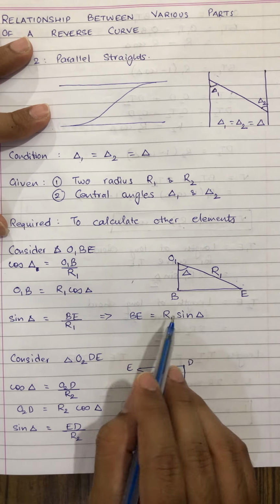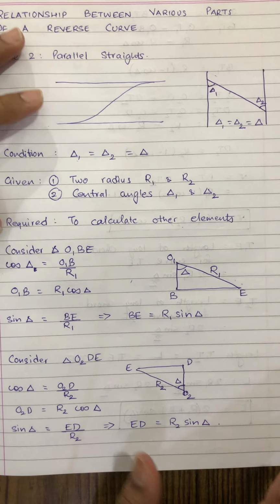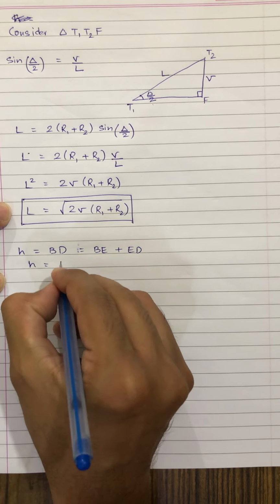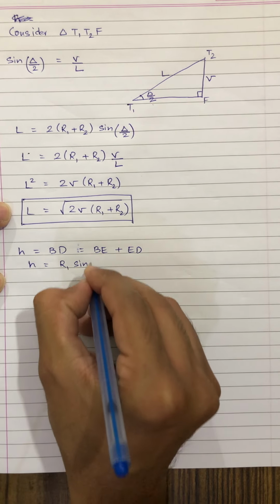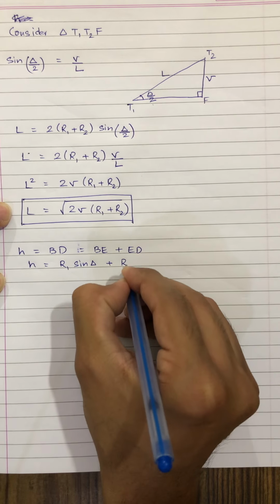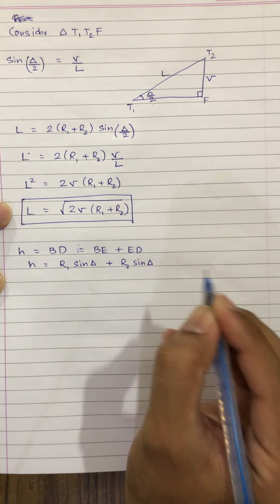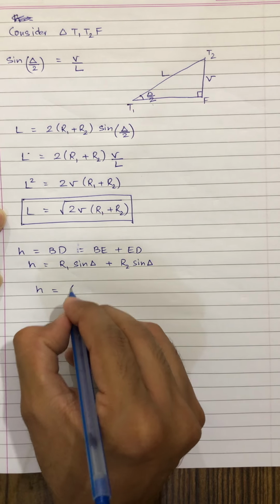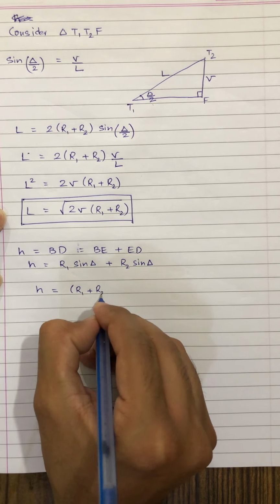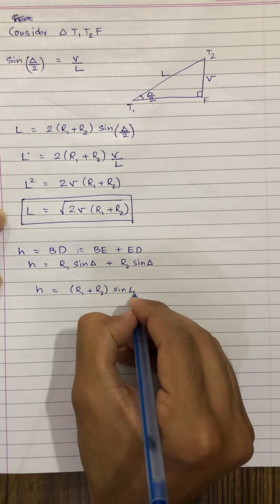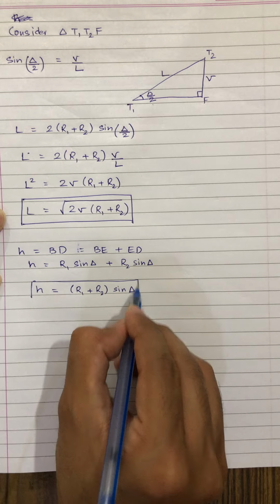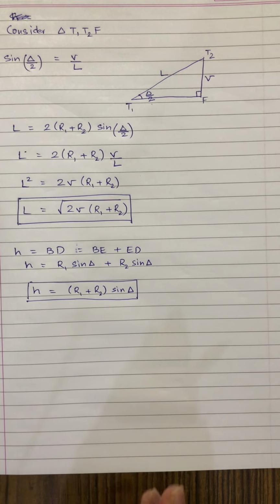BE is R1 sine delta and ED is R2 sine delta. So H is equal to R1 sine delta plus R2 sine delta. So H will be equal to R1 plus R2 into sine delta. So this is the formula for calculating the value for H.